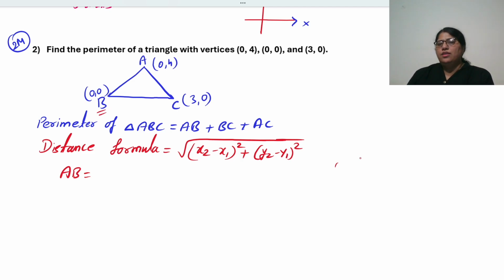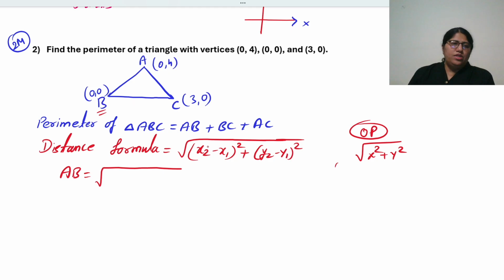For the origin, the distance formula can be the square root of x square plus y square also, because for OP, one of the coordinates is 0, 0. Or if you don't want to use it, you can substitute here also and write 0 minus 0 whole square plus, taking this as x1, y1 and A as x2, y2, 4 minus 0 whole square.